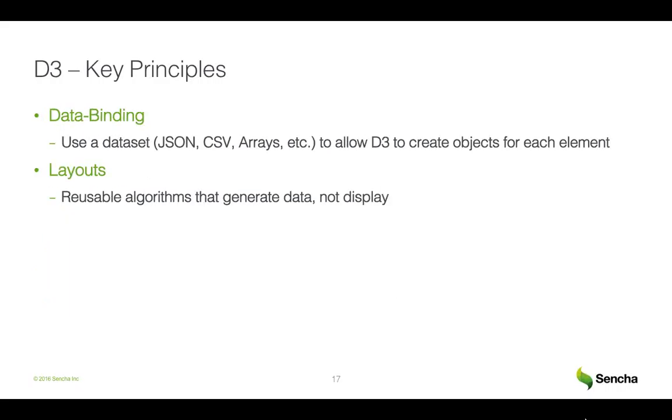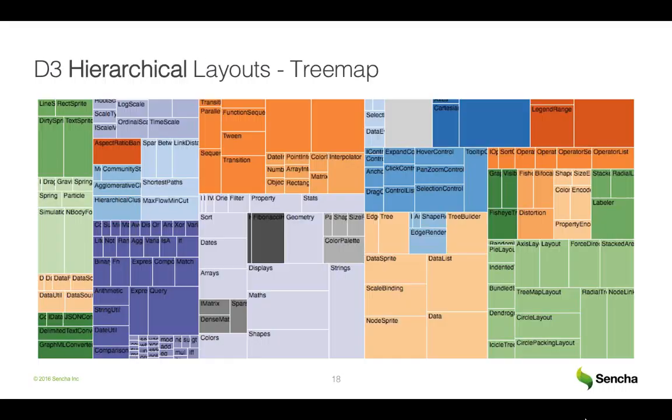But probably the most important concept in D3 in terms of enterprise data visualization is data binding and layouts, so that you can use a data set that you could draw from your backend systems in formats like JSON or CSV or arrays to create objects in the form of elements and reusable algorithms that basically create pictures, and you'll see in a moment what kind of layouts and algorithms are available.